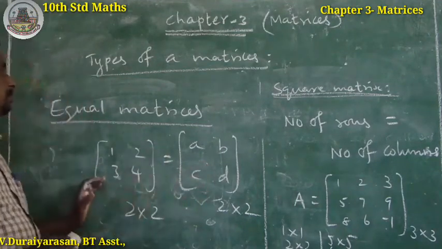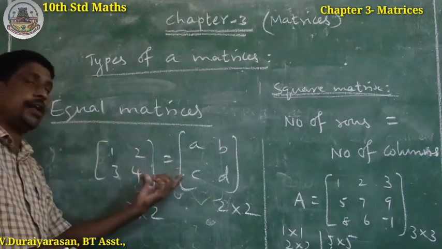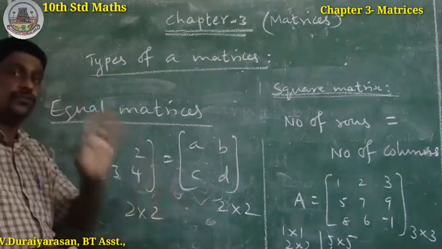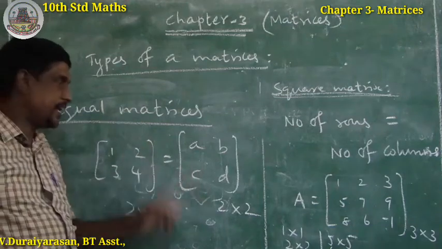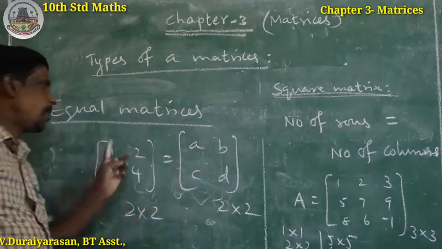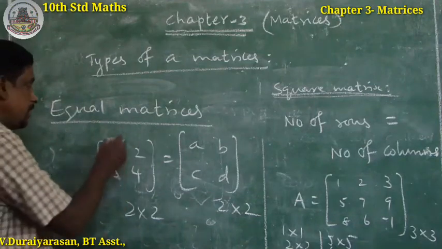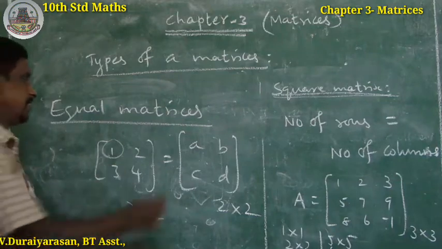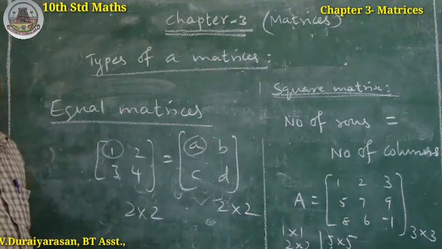Next, very important point about equal matrices. First of all, if two matrices are equal, then the orders of the matrices are the same. Second point, since the matrices are equal, the corresponding elements are equal. The first element of the first matrix corresponds to the first element of the second matrix.